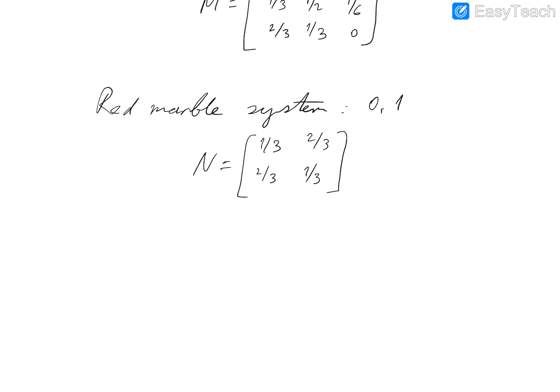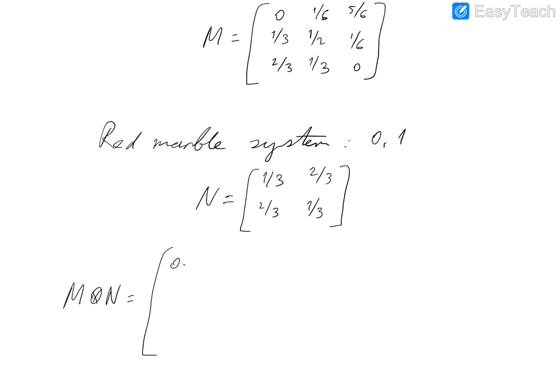The adjacency matrix of the compound system will be M tensor N, and this is equal to 0 times the matrix N, and then we have 1 over 3 times N, 2 over 3 times N, 1 over 6 times N, 1 over 2 times N, 1 over 3 times N. Here we have 5 over 6 times N, 1 over 6 times N, 0 times N.